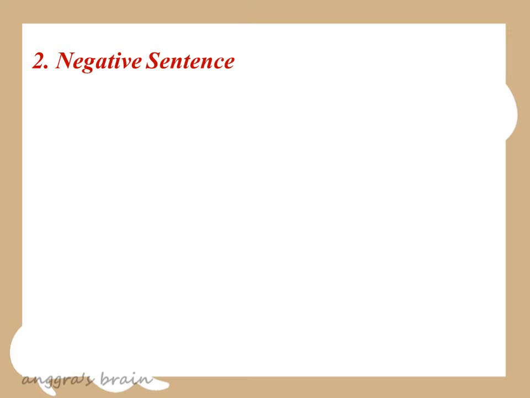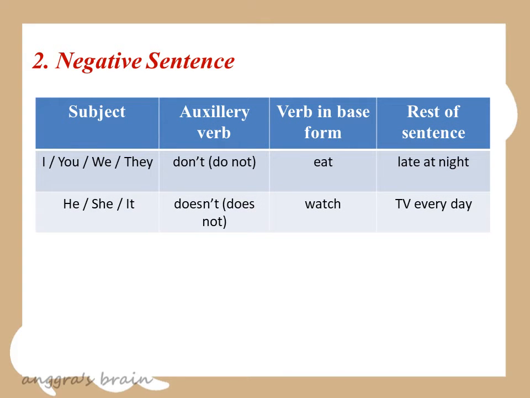We come to the next one, the negative sentence. We have a table, and now I divide the table into 4 columns. The first one is also subject. The second one is auxiliary verb. The third one is verb in base form, and the last one is rest of sentence.